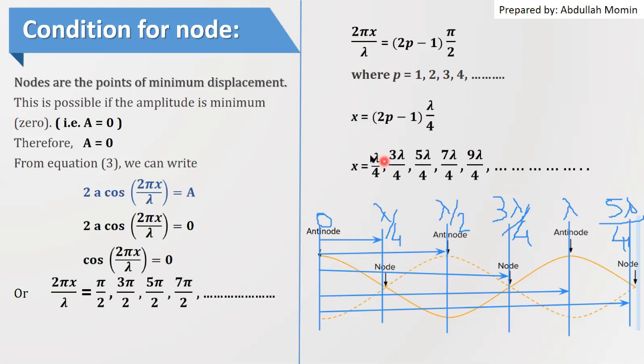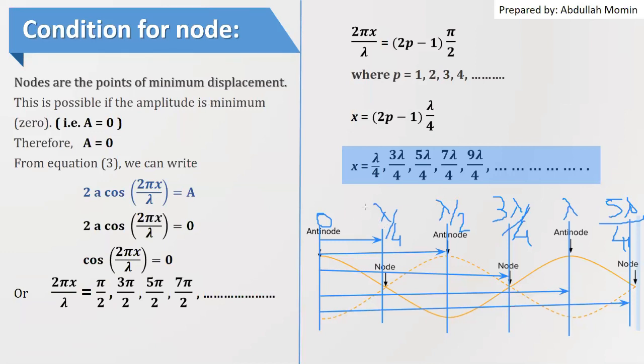Now see the last equation, the equation of x. What is x? The very first point is lambda by 4. That means this is the position of the first node, when the position is lambda by 4. This position is lambda by 4.